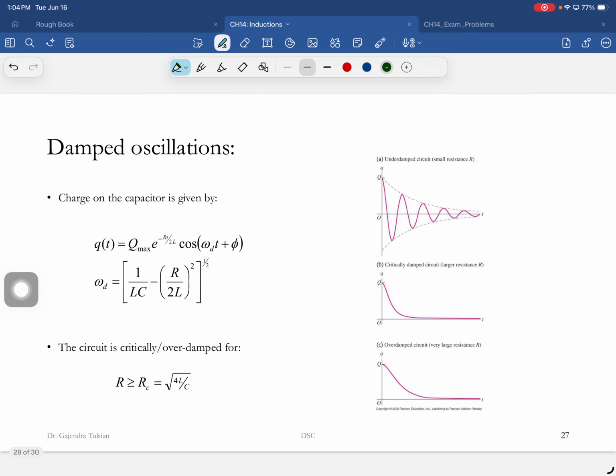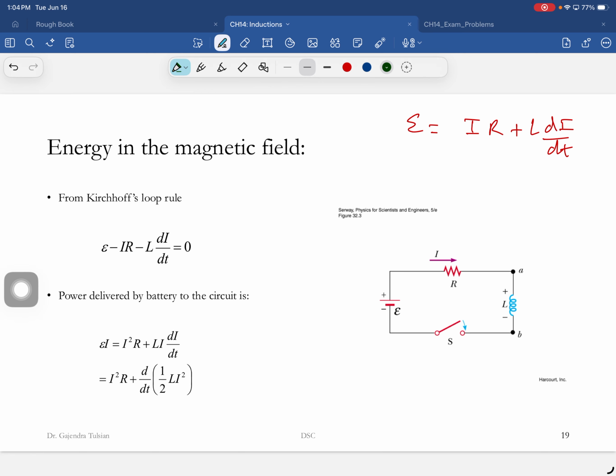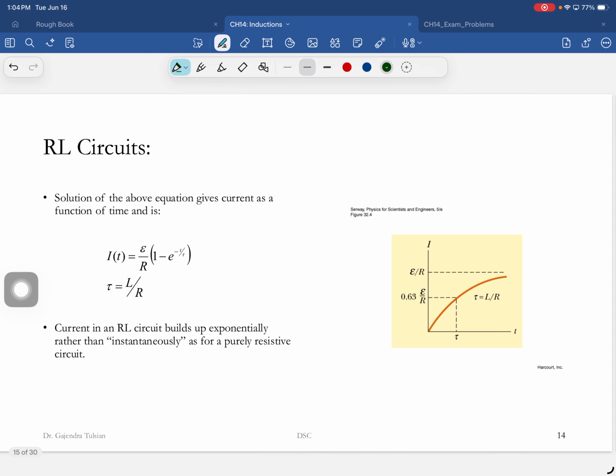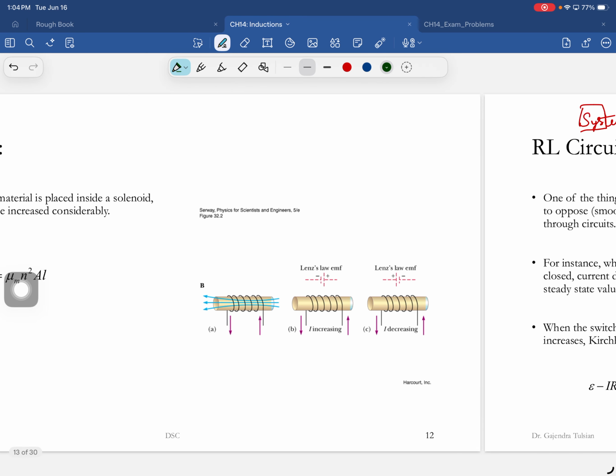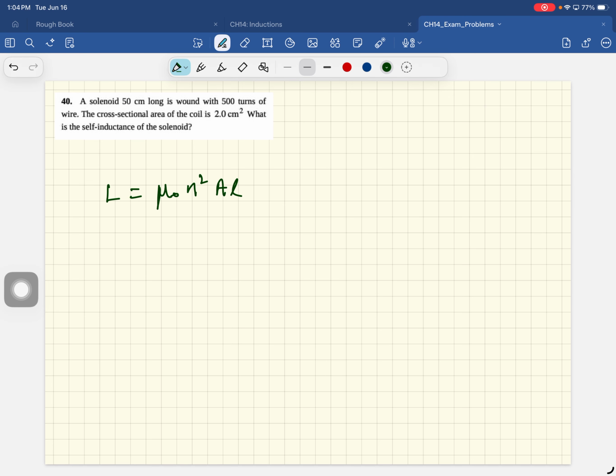And N is 100 turns per centimeter. 1 centimeter is 10 to the minus 2 meters, so it's got 10,000 turns per meter. So a solenoid this length has 10,000 turns of wire.